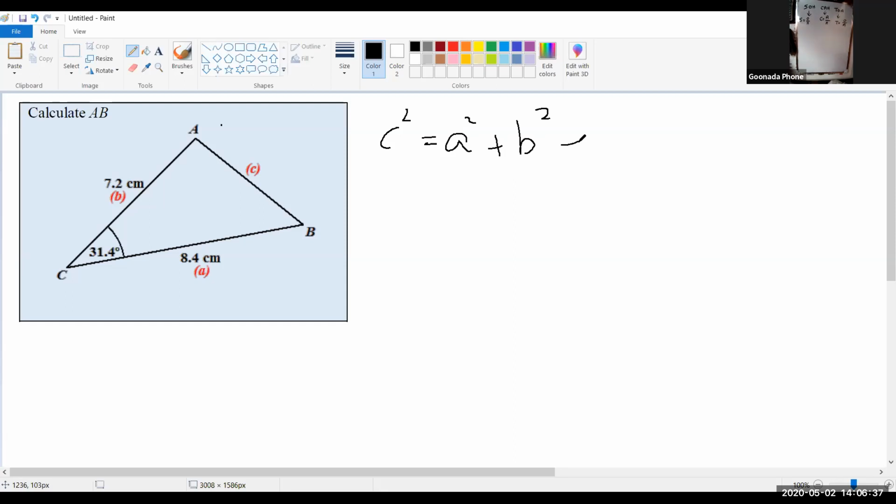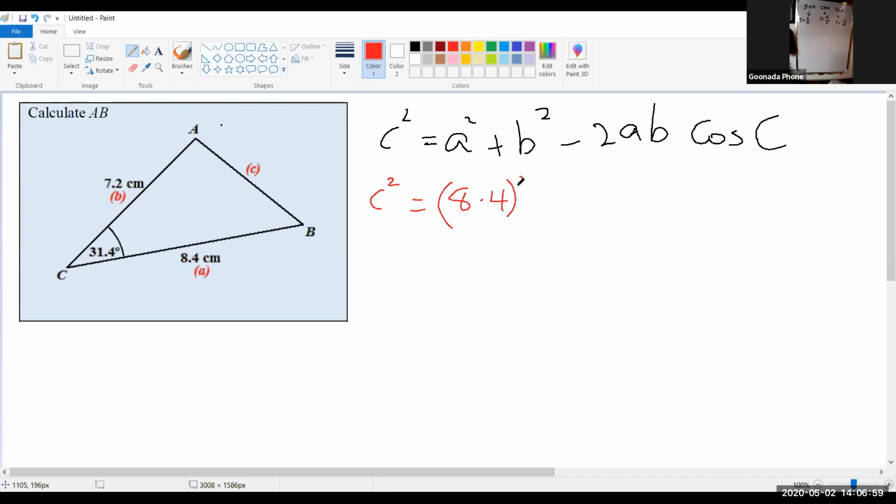So minus 2ab cos c. So we don't know what c squared is, so we just write c squared is equal to a squared. We know a squared is what? 8.4, agreed?